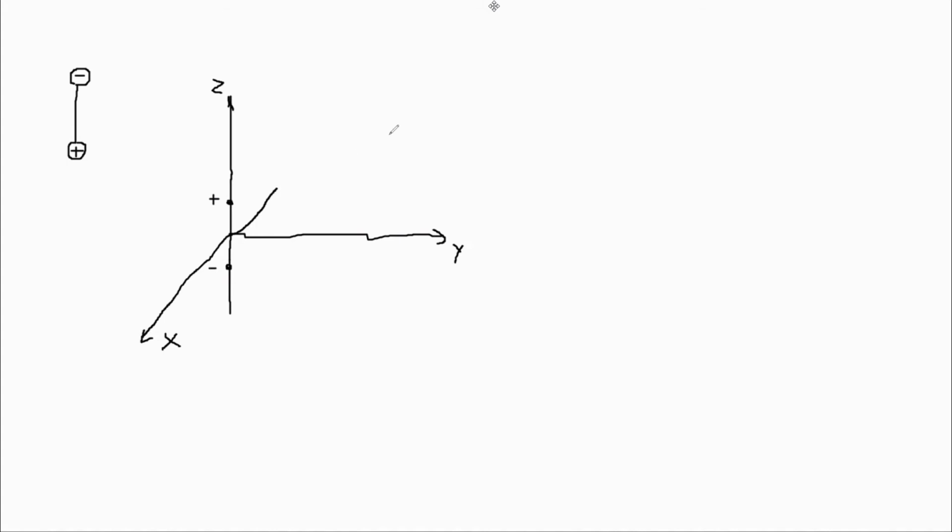Now we choose a point in space, and we call it the point P. It means that we will have some distance from here, some different distance from here, and some distance from the center of the dipole. Imagine these lines are very thin and straight.